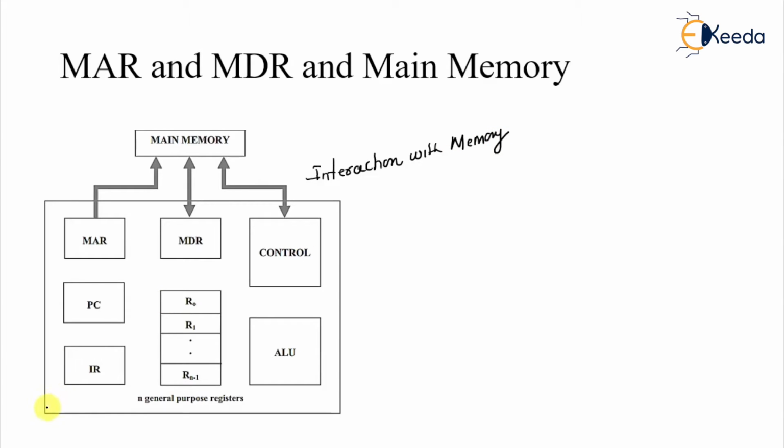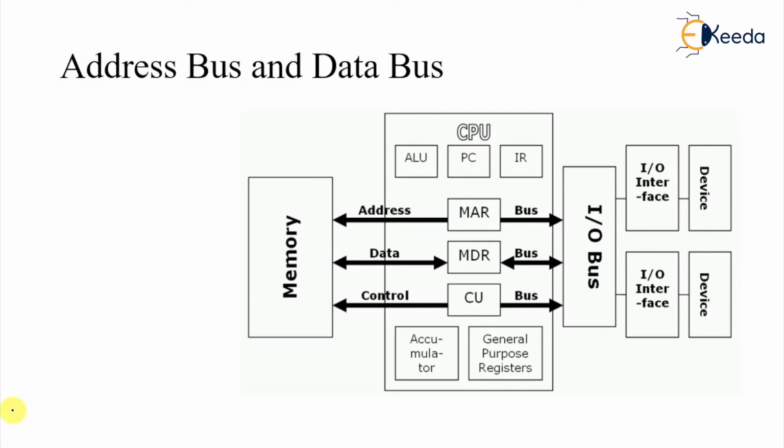Okay, so now in the previous slide we talked about the address bus and the data bus, and these are the two very important factors that decide your memory. Address bus will send the address, as we have already seen.